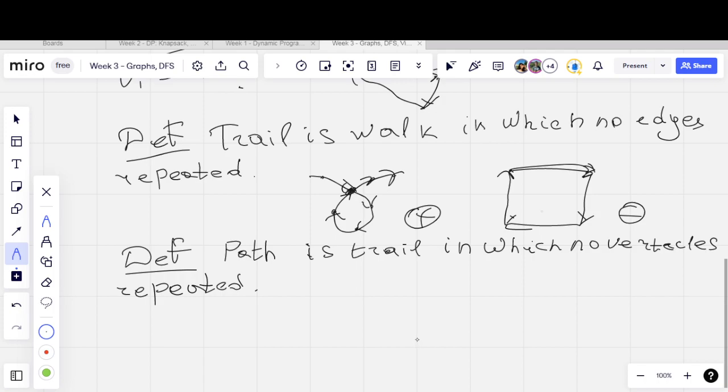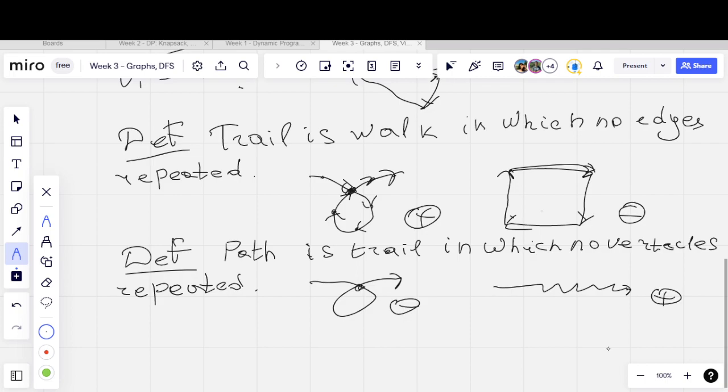Why is it true? Why do we consider some of this not to be a path, and this will be a path, for example.